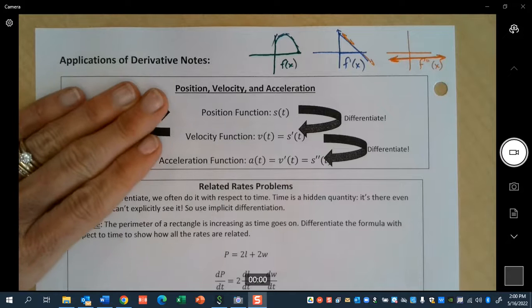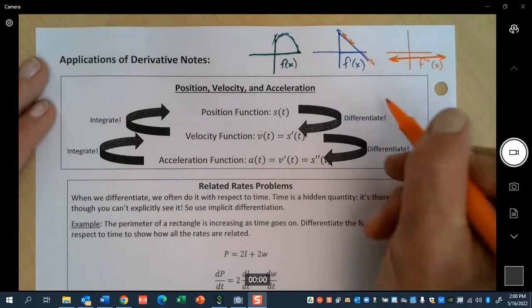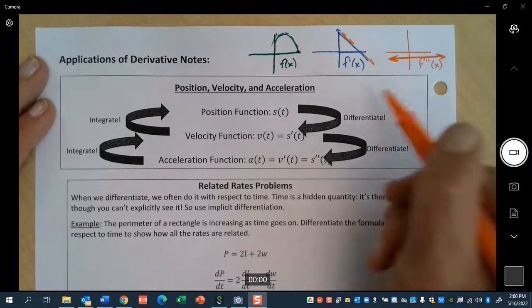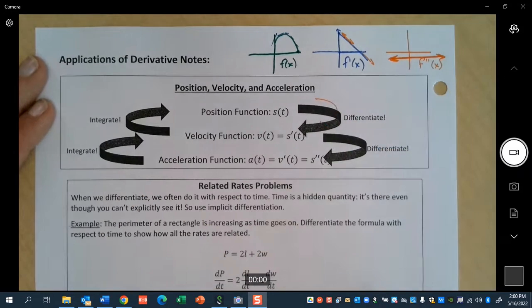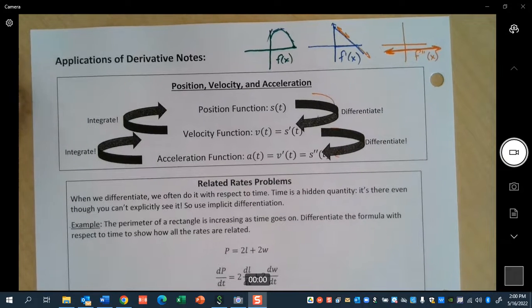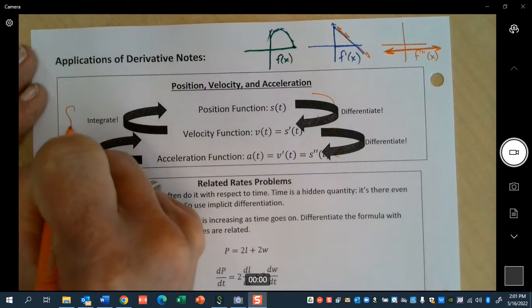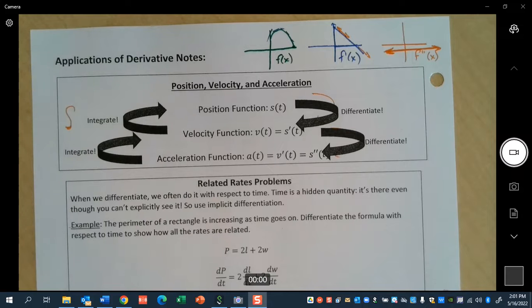And at that time, we didn't know this side of the story. So here, we know that we differentiate to figure out how fast something's going, and then we differentiate again to find the rate of change of the rate of change. We can also integrate back up by finding that area under the curve and going from our derivative back to our original function.